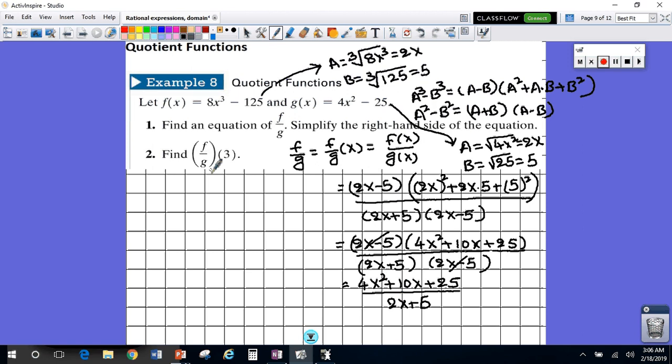And the second one you see here is nothing but f divided by g of x, right? So we got that value here, that is 4x square plus 10x plus 25 divided by 2x plus 5.